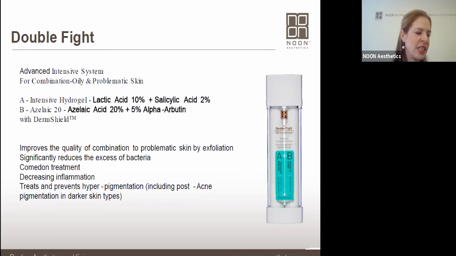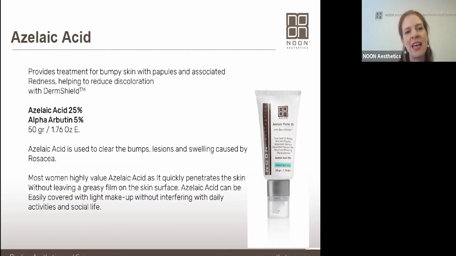So this is what we have here. I will use the double fight in acne in mild to moderate cases. It can be very, very helpful. The second product where we see the azelaic acid is for harsher cases.